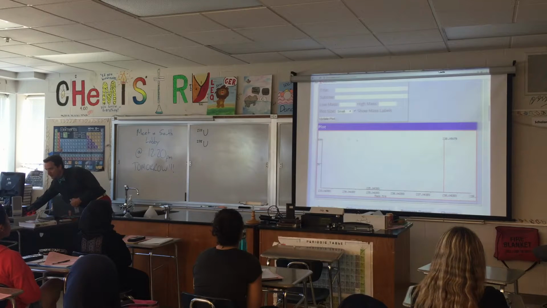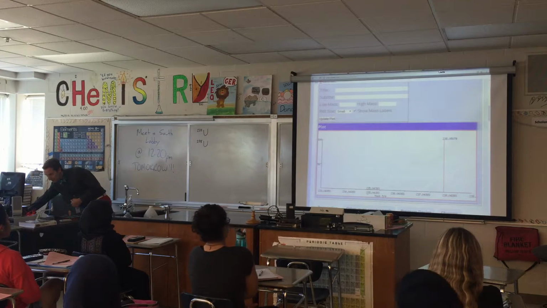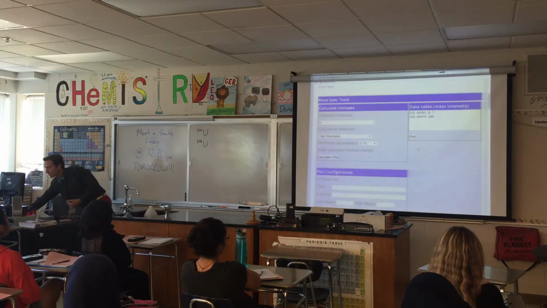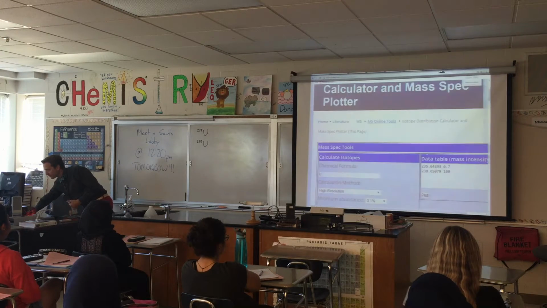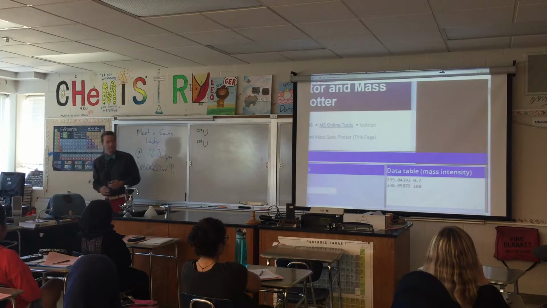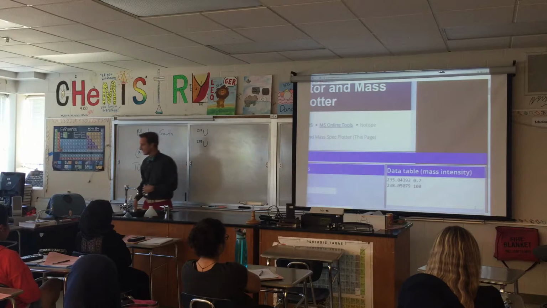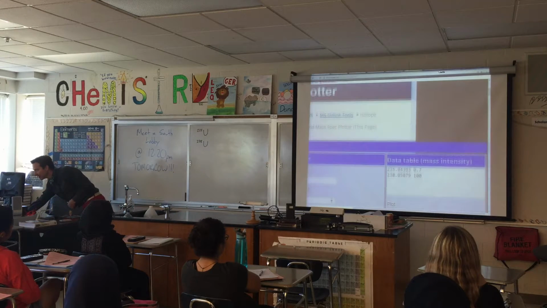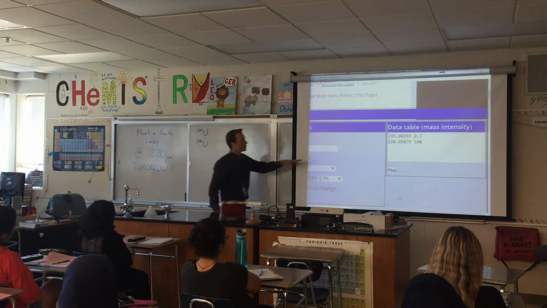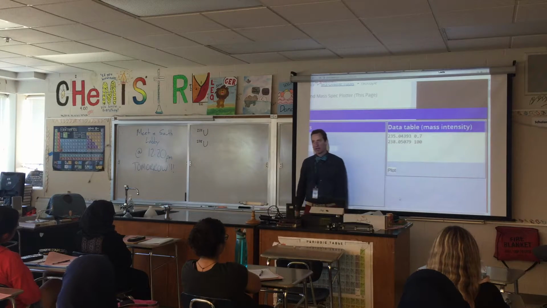We see this one is pretty high, close to 100, and we see this one is really low, but we don't know what the values are. If we scroll up, there's a data table up here, and the data table tells us the values. It says that the uranium-235 peak had an intensity of 0.7, and the uranium-238 peak had an intensity of 100.